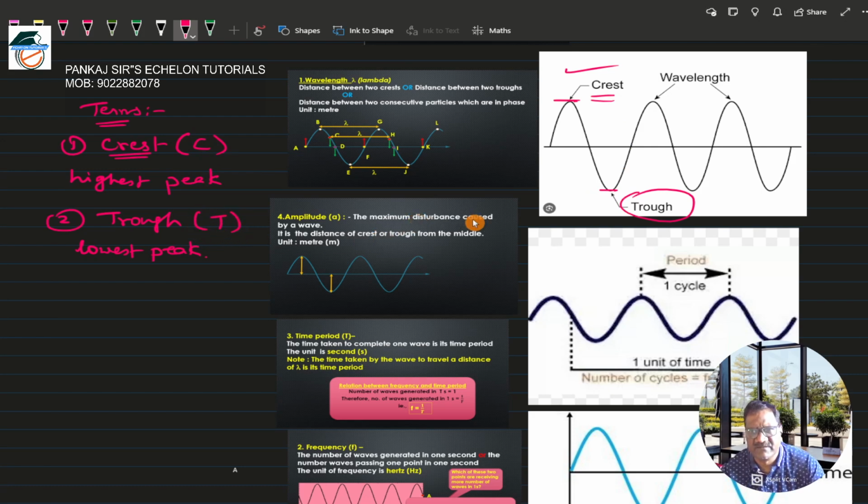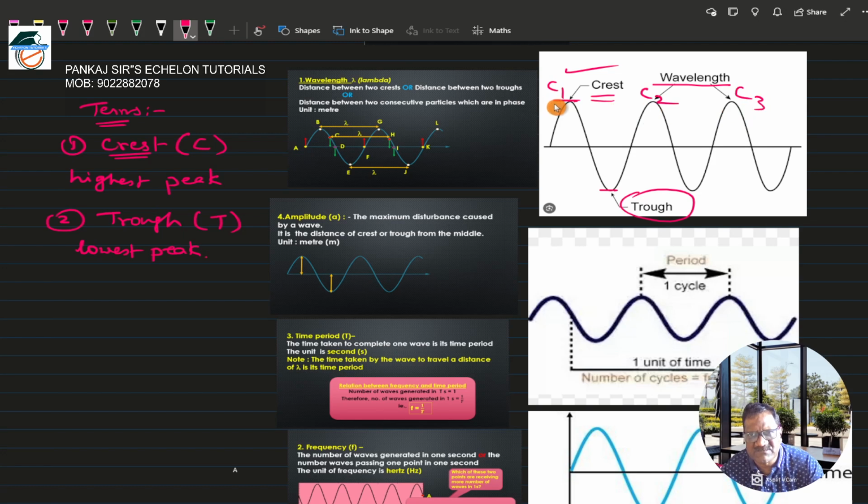Next is something called a wavelength. Now what is this wavelength? According to the definition, wavelength is the distance between two consecutive crests. See, these are crests: this is C1, this is C2, this is C3. These are the three crests.